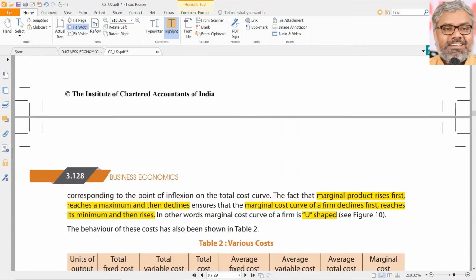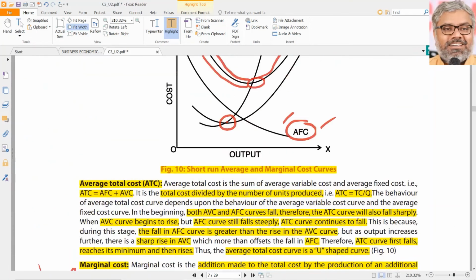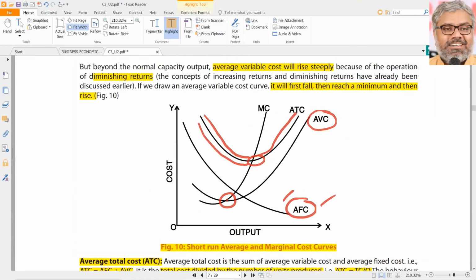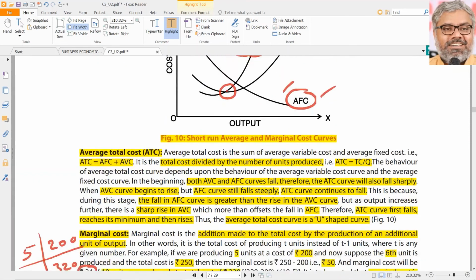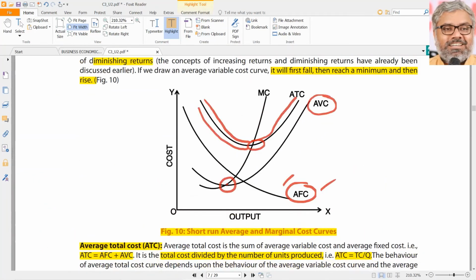So that is marginal cost, average total cost, average variable cost and average fixed cost curves all in one. So what you should be doing? Naturally, you should practice this many number of times.